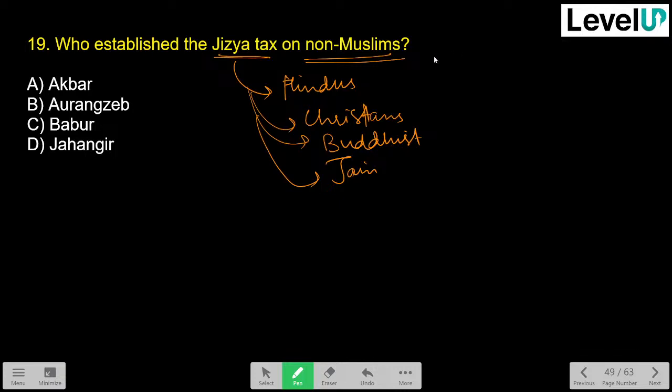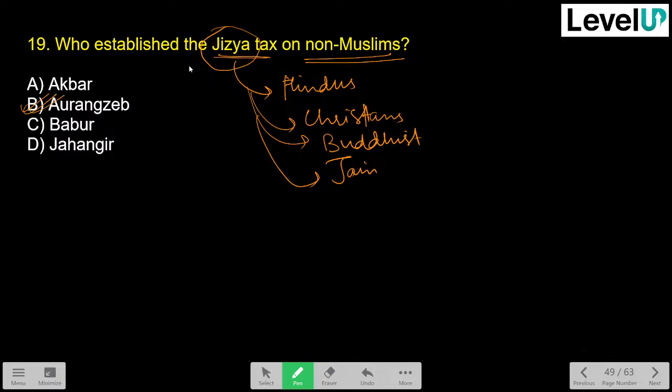A special type of tax for following their religion. If you want to practice your own religion, whether you are a Hindu, Christian, Buddhist, Jain or Sikh, you have to give a certain tax to the emperor. It was Aurangzeb who introduced the jizya tax.